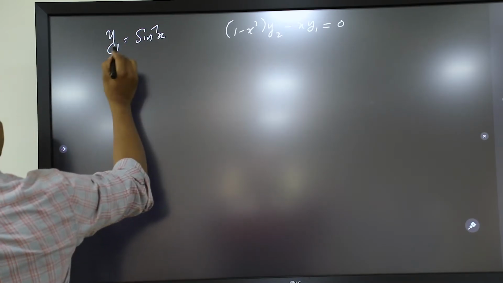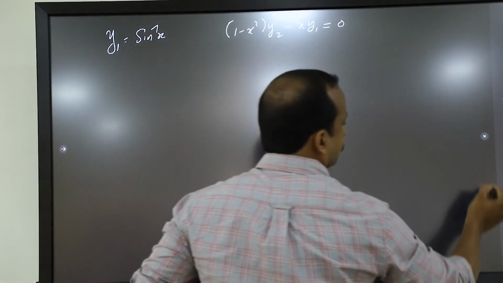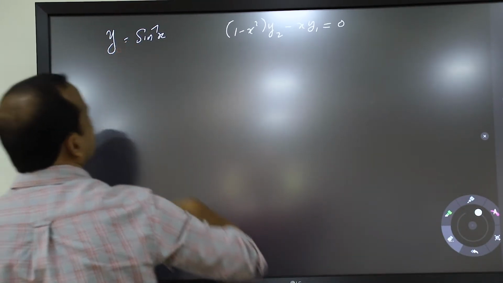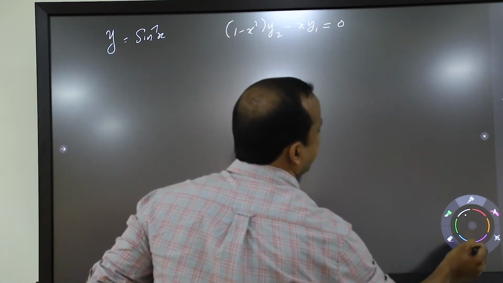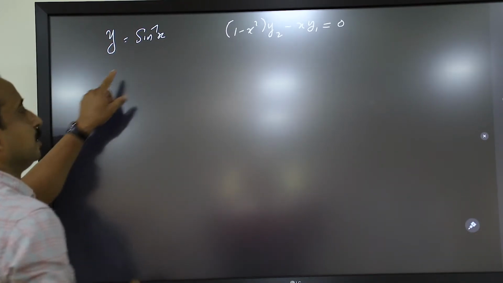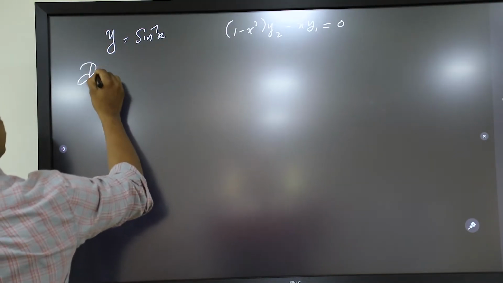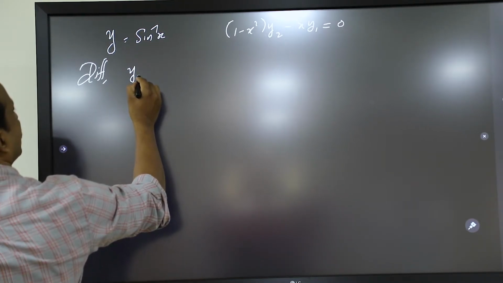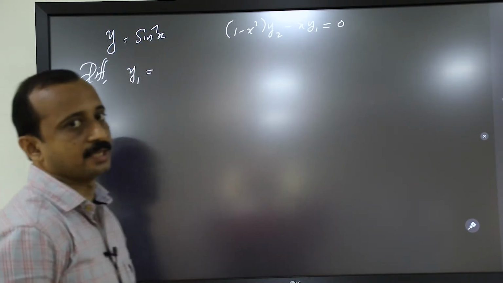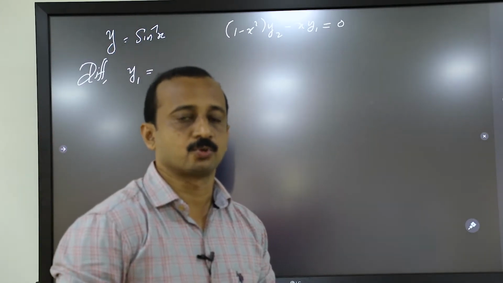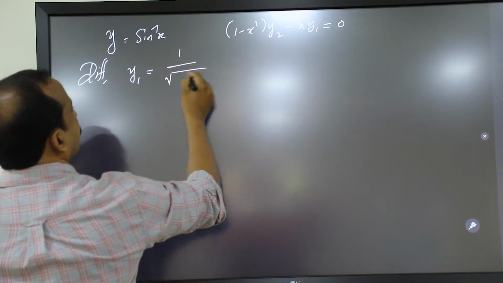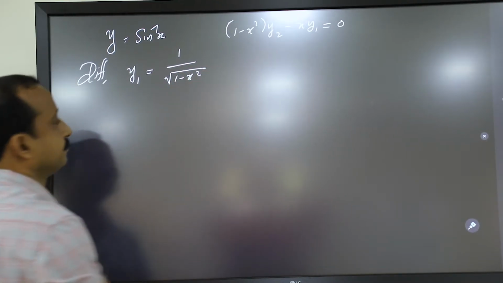First we differentiate y with respect to x, that is y1. You know the derivative of sine inverse x is 1 by square root of 1 minus x square.